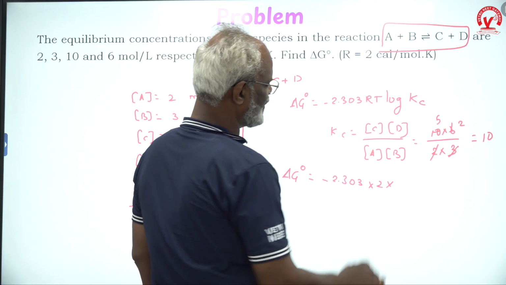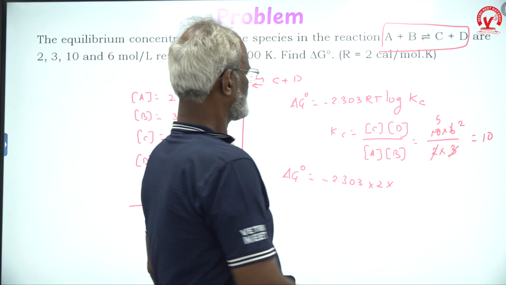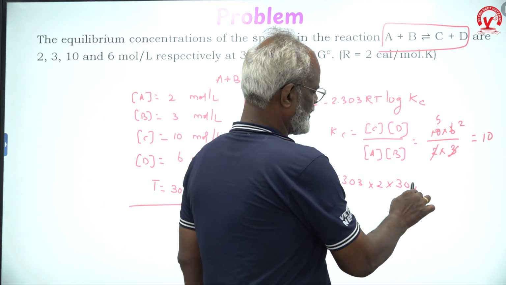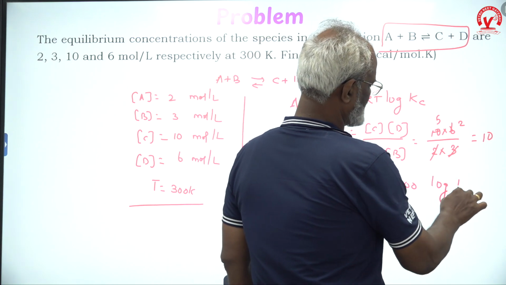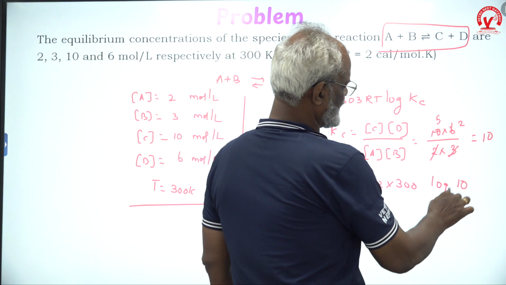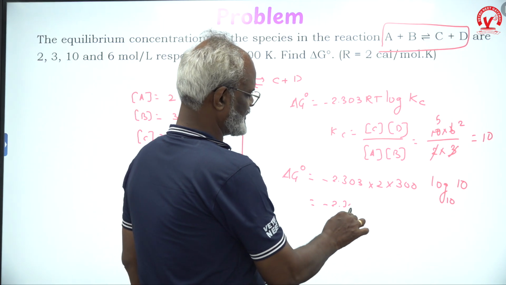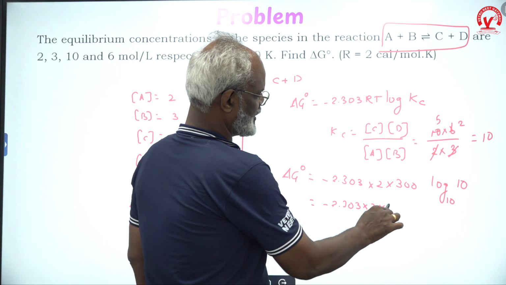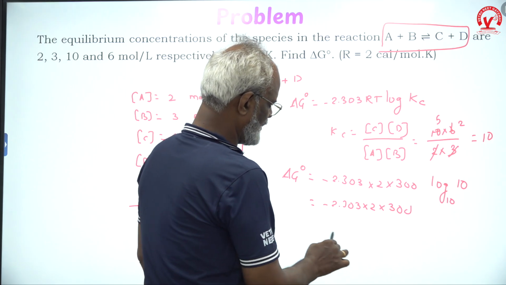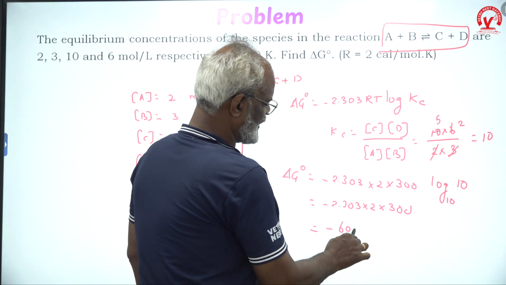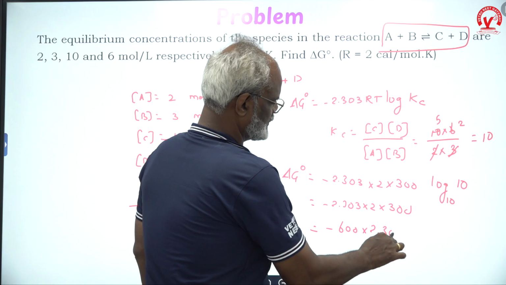Now we'll substitute in the equation: delta G naught is equal to minus 2.303, R is 2, the answer will be in calories, T is 300 Kelvin, log Kc where Kc value is 10. You know log 10 to the base 10 is 1, so it will be minus 2.303 into 2 into 300, which is minus 600 into 2.303.